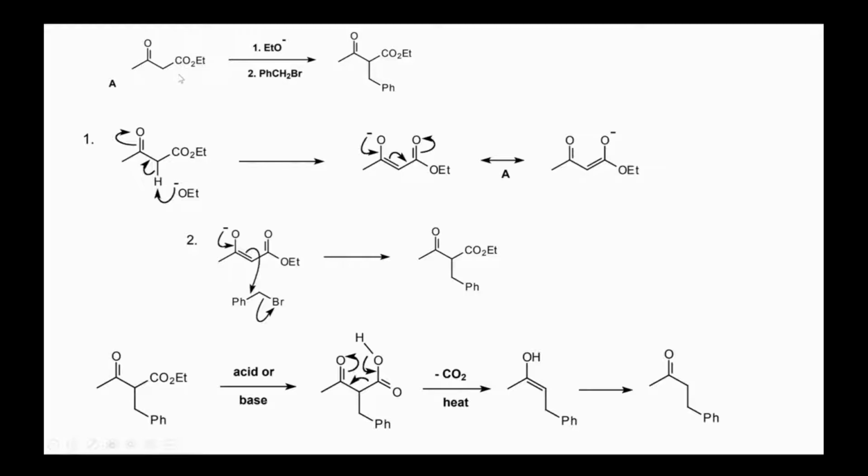Those hydrogens are acidic that are in between two electron withdrawing groups. What are electron withdrawing groups? Ketone and ester are two electron withdrawing groups, and in between these electron withdrawing groups there is a CH2 unit which contains two hydrogens, and those two hydrogens are called active hydrogens. Labile hydrogens, that sort of functionality is called an active methylene unit.